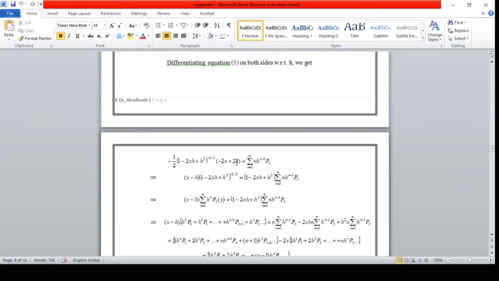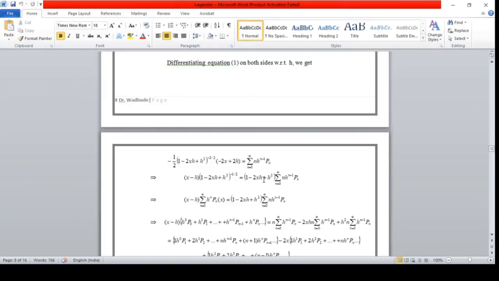Now 2 is common here, 2 and 2 cancel. This is -(x - h)(1 - 2xh + h^2)^(-3/2) = summation n = 0 to infinity n h^(n-1) Pn(x).